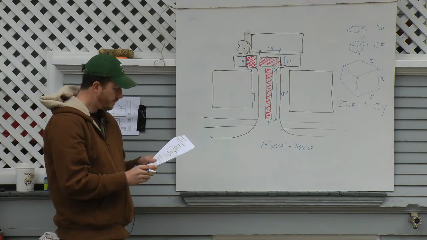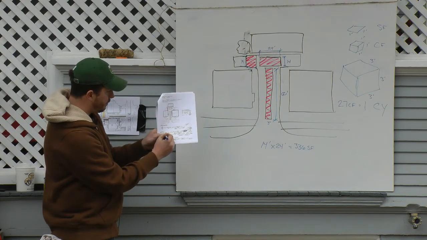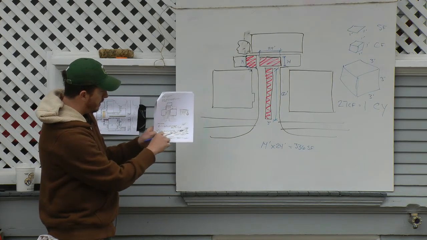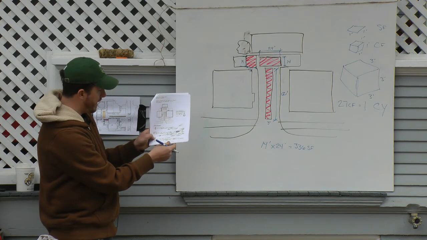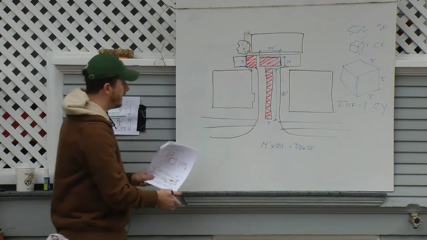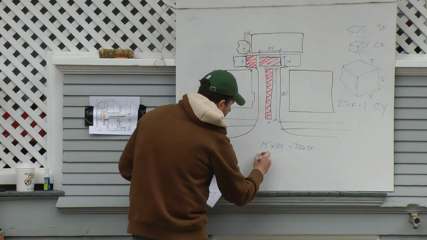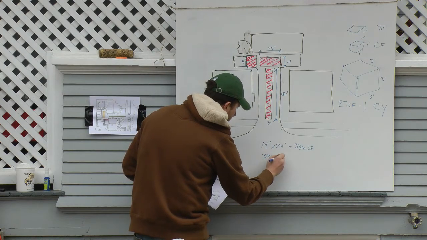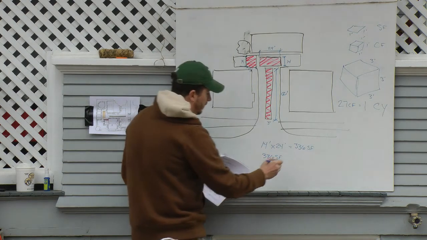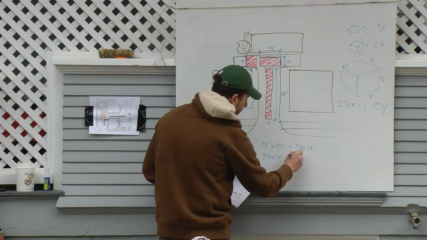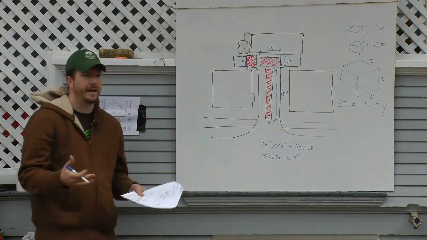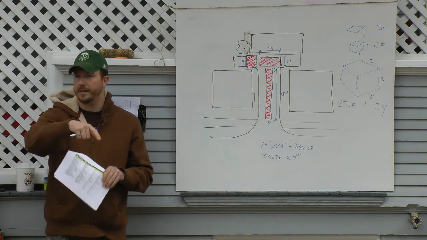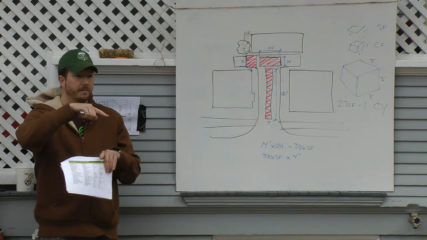That's this lower calculation for the parking pad. We have 336 square feet and we want to multiply it by 4 inches, the depth. So now we've taken the length and the width, and we're multiplying by the depth to get our volume.